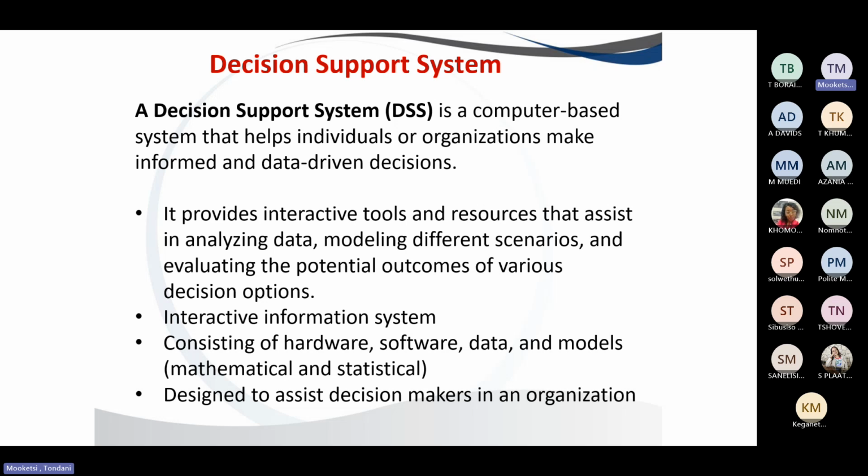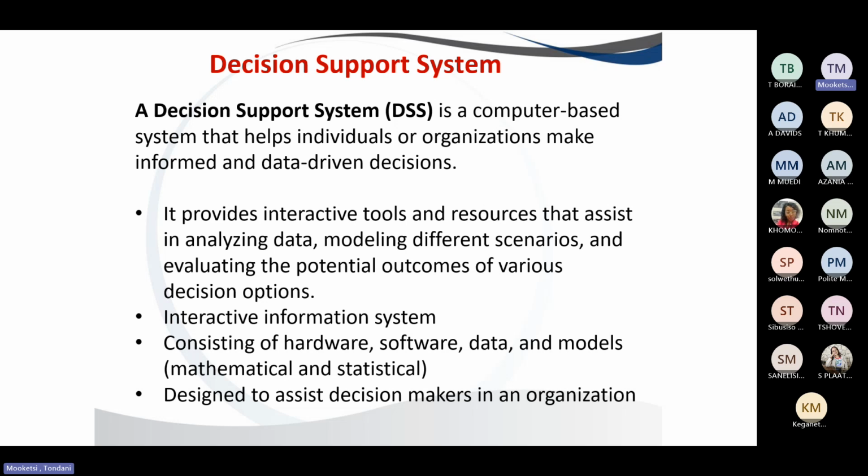So it is a computer-based system that helps individuals or organizations make informed, data-driven decisions. So we said structured decisions can be automated. So this is where the decision support system comes in.